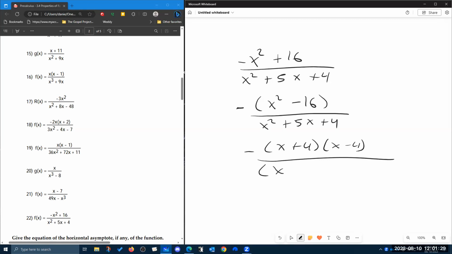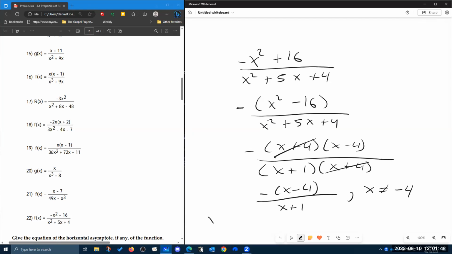And then the denominator is an x plus 1 times an x plus 4. Those make a hole and leave me with this. I'm going to set that denominator equal to 0, and I get a vertical asymptote at x equals negative 1.